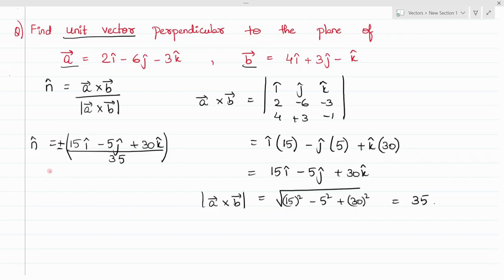That's the reason. Now, when you take 5 as common, you'll get plus or minus (3 I cap minus J cap plus 6 K cap) divided by 7. Now this is the required unit vector which is perpendicular to the plane consisting of this A vector and this B vector.